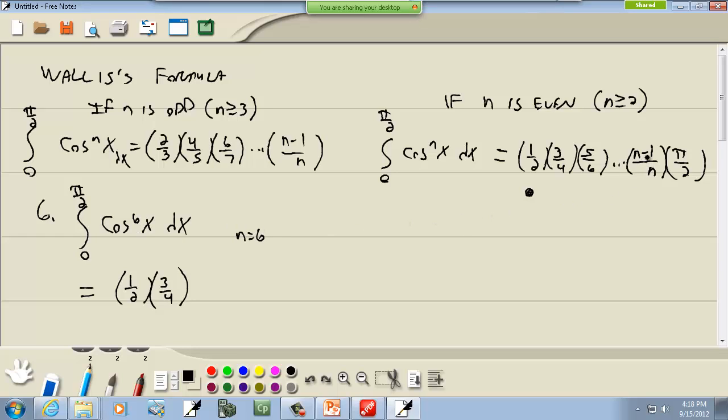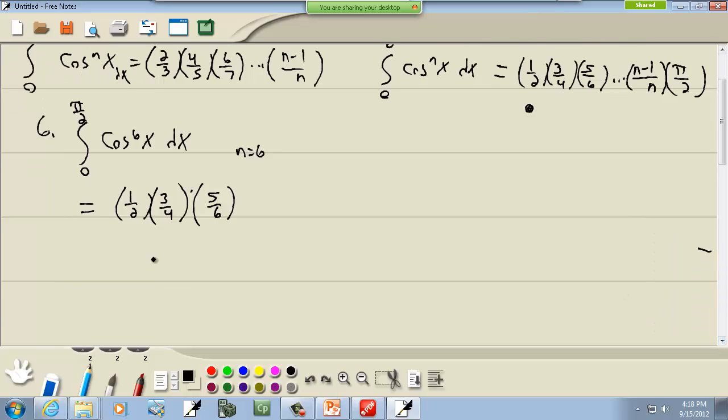And so it's going to go up to 6 minus 1, which is 5, over 6. So it'll go up to 5/6, which actually happens to be my very next number. Now notice the pattern. The top part increases by 2, and the bottom part increases by 2. So 1, 3, 5, next one will be 7, 9, so forth. 2, 4, 6, 8.